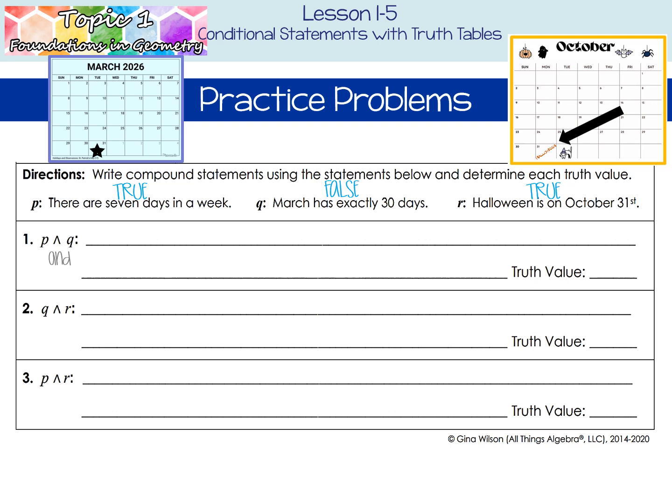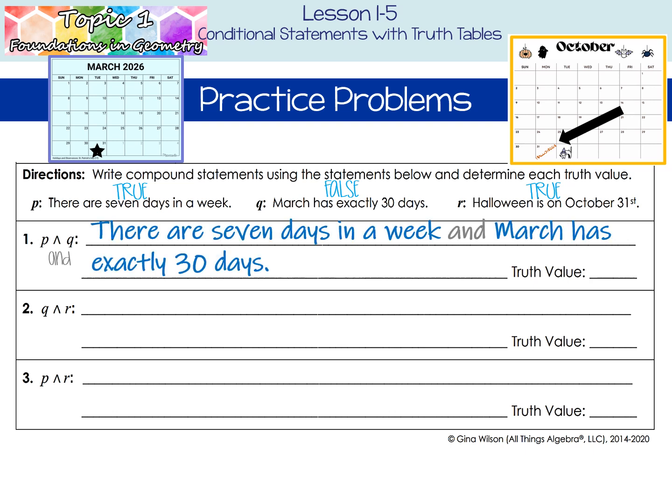Number 1, that's going to be with an and. So we need P, there are 7 days in a week, and Q, March has exactly 30 days. In order to be true, they both have to be true. And you can see Q is false, so that truth value is false.